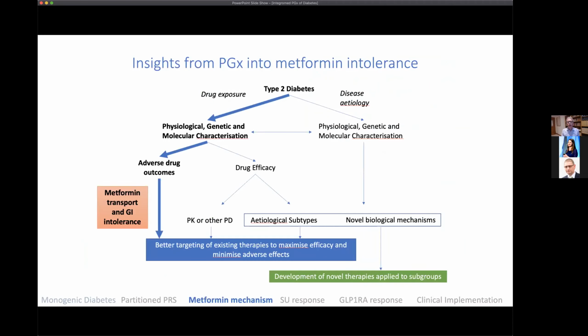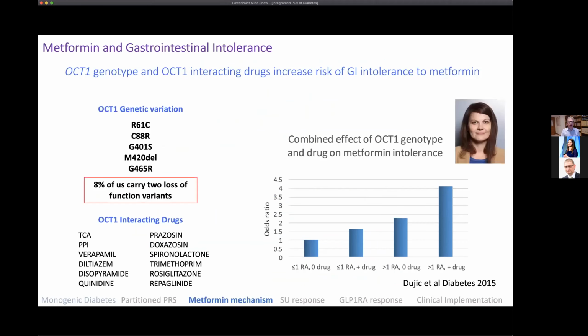Okay, so what about metformin still, but now we'll think around adverse drug effects and think around GI intolerance with metformin, which is actually very common. About 10, depending on how you define it, 10 to 20% of patients get intolerance with metformin, and of those 5 to 10% really cannot tolerate metformin at all.